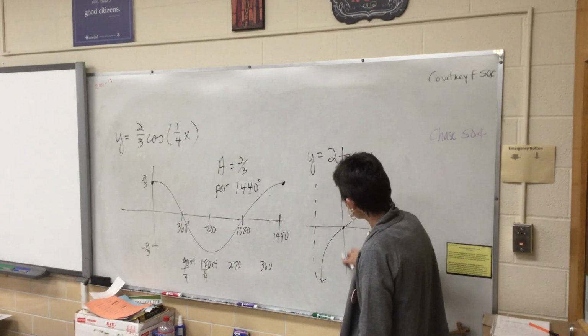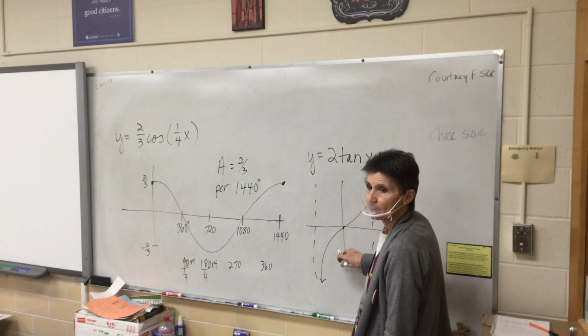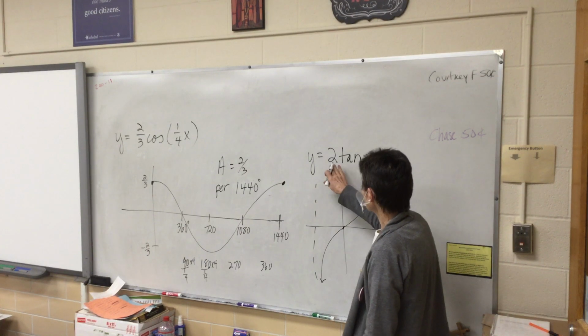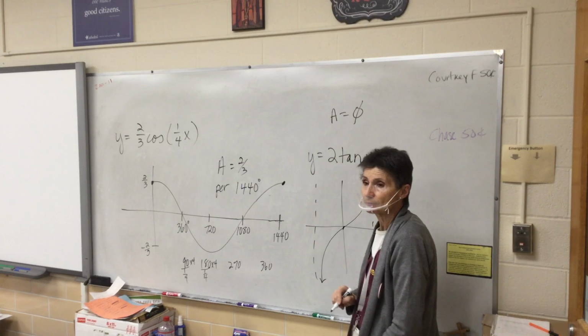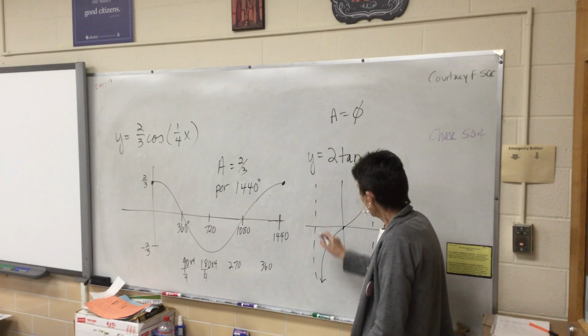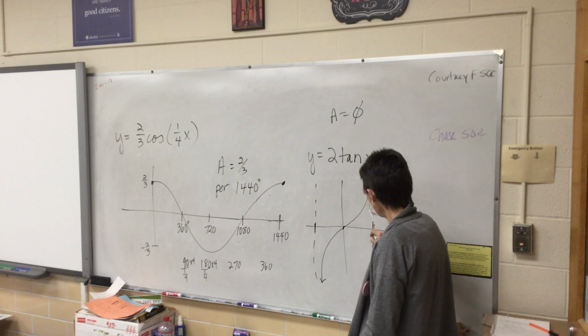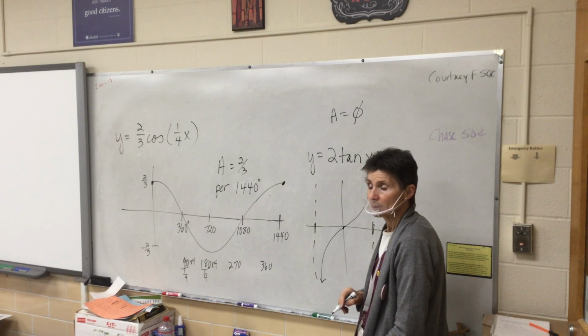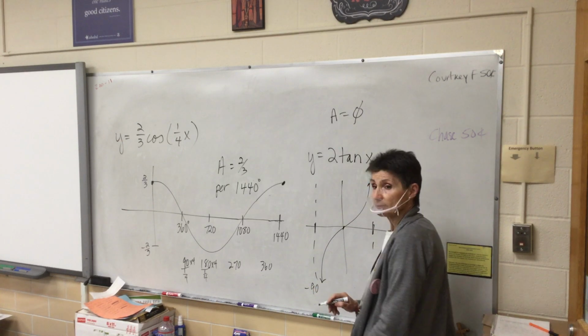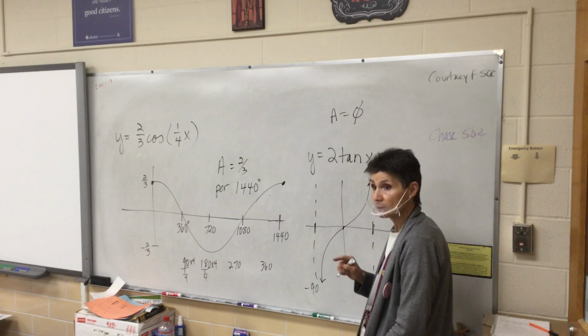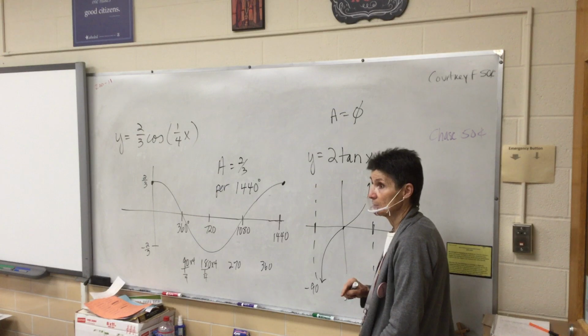Now, do we have any labels on our y-axis? No. Nope. So, we kind of just ignore that and say there is no amplitude. But we do have to label my two asymptotes. Normally it'd be negative 90 and 90, right? Those are the normal labels on the asymptotes.